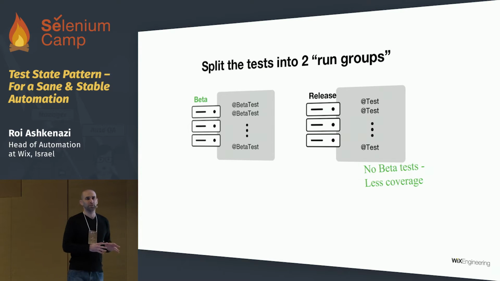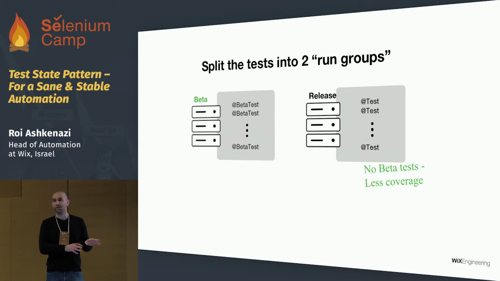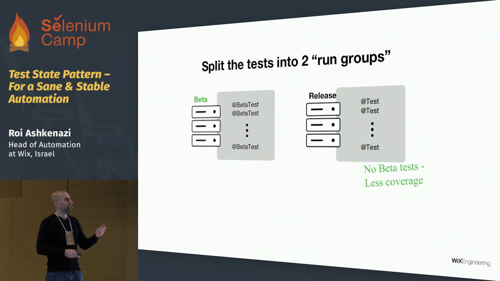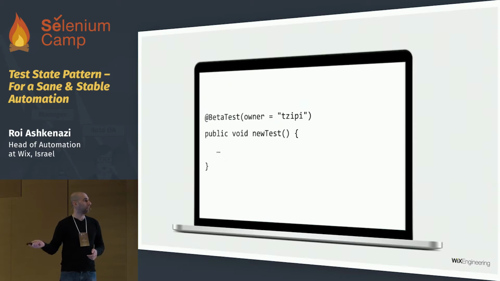But it's kind of problematic because we have two different groups of tests, and then we decided to only run the stable ones and to do something else with the beta tests. So we have less coverage, of course. If we have a new test, it's still in beta. It's not really running if we want to test the product, and only the stable ones run. So let's continue with this idea, and then we will see what to do.